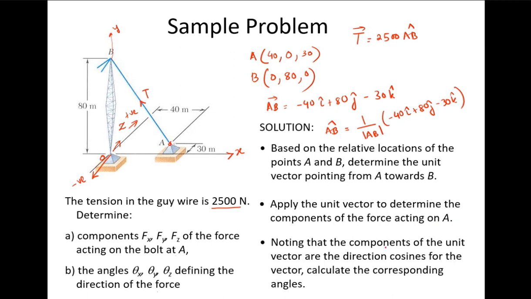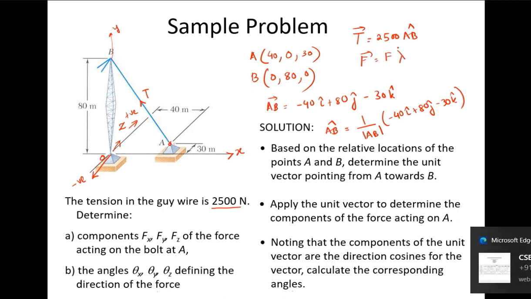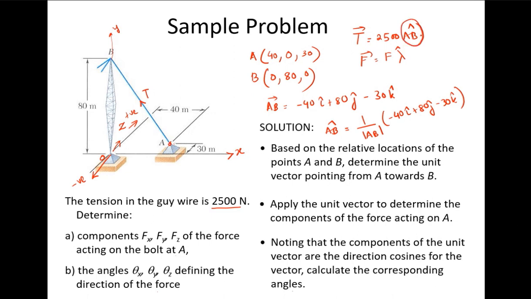Now noting that the components of the unit vector are direction cosines for the vector, you can now calculate the angles. So here you have F equal to mod F into lambda, or say unit vector. Whatever you have along with i cap, j cap and k cap, cos theta x will be equal to that.